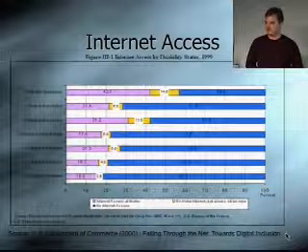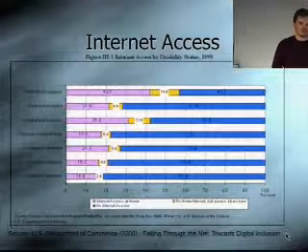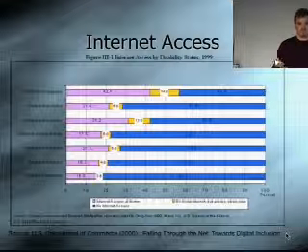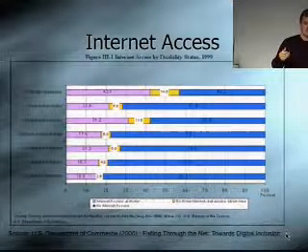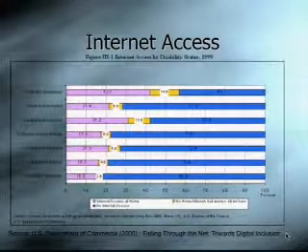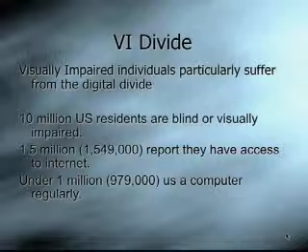Any other questions? Okay. The other thing to note on this is, it's talked about in the paper, but minorities who also have disabilities are less likely to try and use accessible technology. So then you have a double divide sort of for them if you're trying to do stuff.